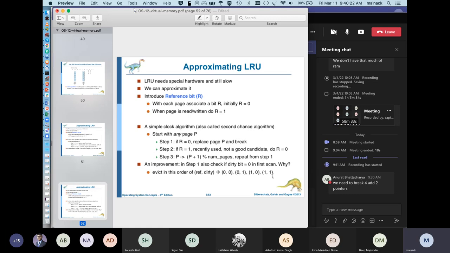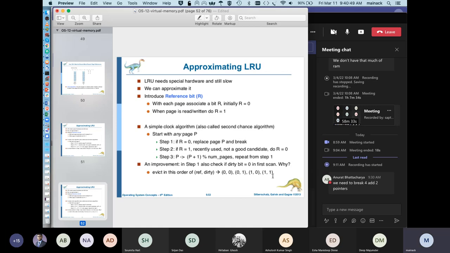So essentially, these two algorithms, second chance and this improvement, are meant for just optimization. You want to improve the LRU by reducing the number of disk reads and writes, and also you want to ensure that you don't have to bring in the page again after you evict.